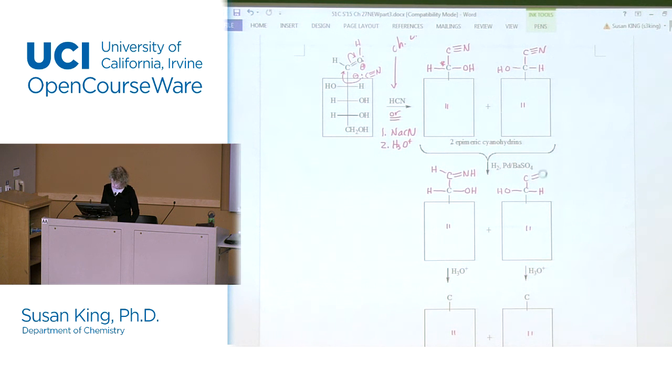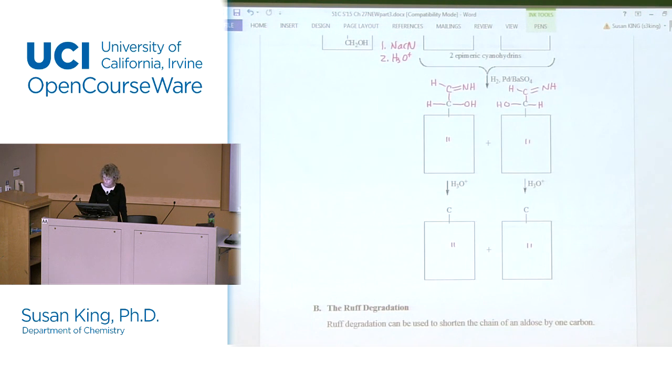so hopefully these reactions are looking familiar to you, although this is a little bit different. But what is that functional group at the top there? Again, back to chapter 21. It's an imine, right? What happens when we put an imine in acid? What's more stable, an imine or the corresponding aldehyde?